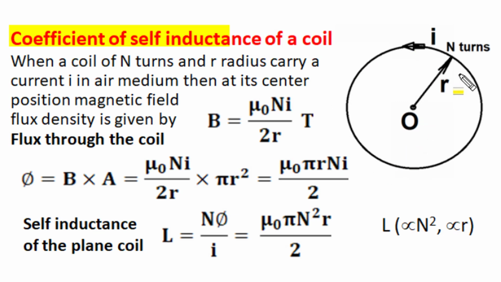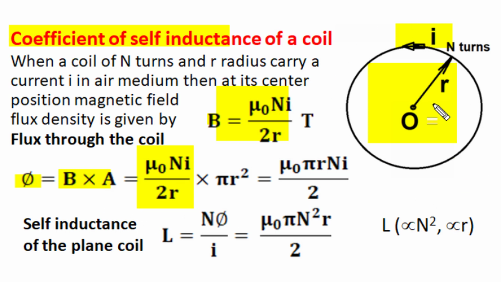So we are given a plain coil of N turns and R radius, and when it carries current I in turns, at its center magnetic field flux density or magnetic induction is given as mu 0 N I over 2R Tesla. And if we assume that flux density is uniform all around this inner area of coil, the total flux passing through coil inner area is flux density multiplied by cross section area of coil, and in place of flux density we substitute mu 0 N I over 2R.